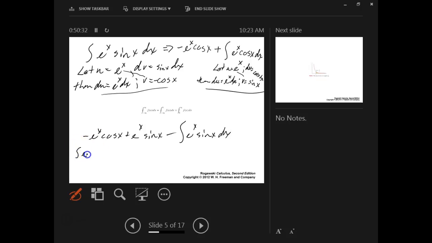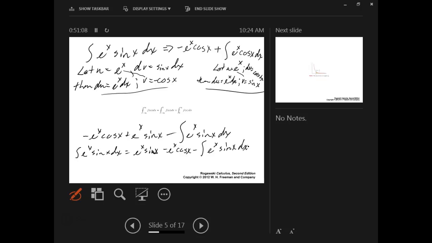The integral of e to the x sine x dx is equal to e to the x sine x, minus e to the x cosine x, minus the integral of e to the x sine x dx.